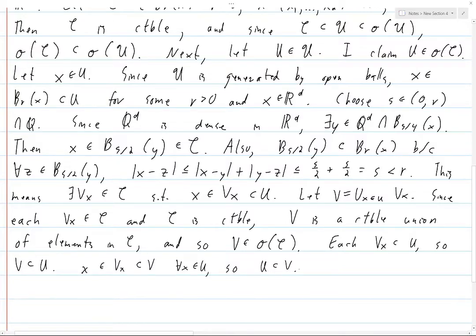Thus, U equals V, which is contained in the sigma field generated by C, and so U is an element of the sigma field generated by C. That's what we wanted.